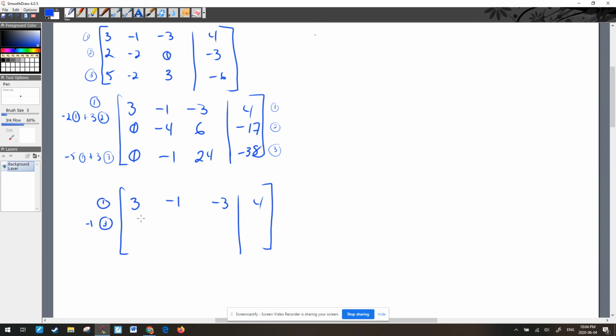Okay, so it's going to be 0, 1, -24, 38. Because I like 1. 1 is good to deal with. And then this is going to just be row 2. So what I've really done is swapped those two rows and changed the sign because I want it to be +1. So this is going to be 0, -4, 6, and -17.